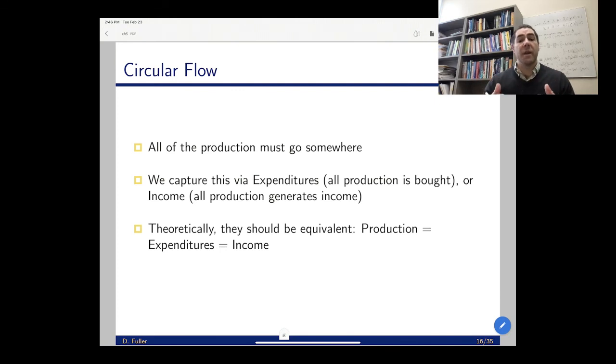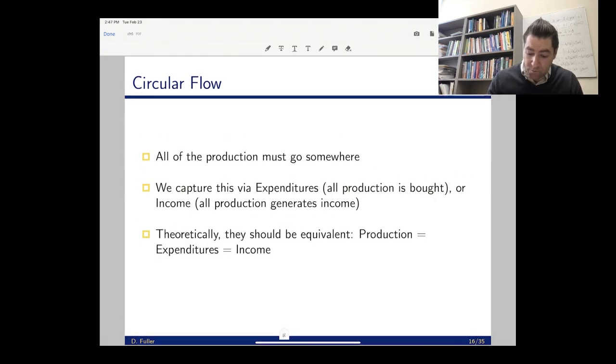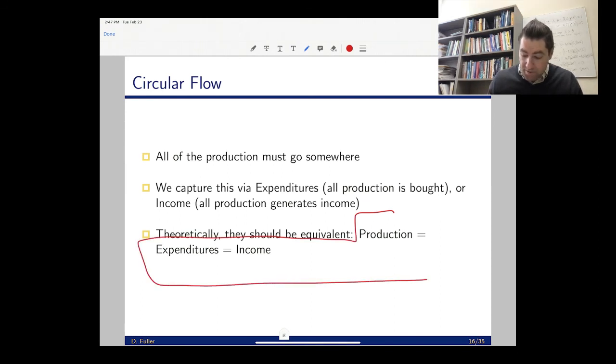So I can capture the output by measuring the production directly. I can capture it by measuring our expenditures, or I can capture it using our income. And so this might seem like a minor point, but it's actually really important to realize that these three things are equal in our circular flow diagram. Everything that's produced goes somewhere.